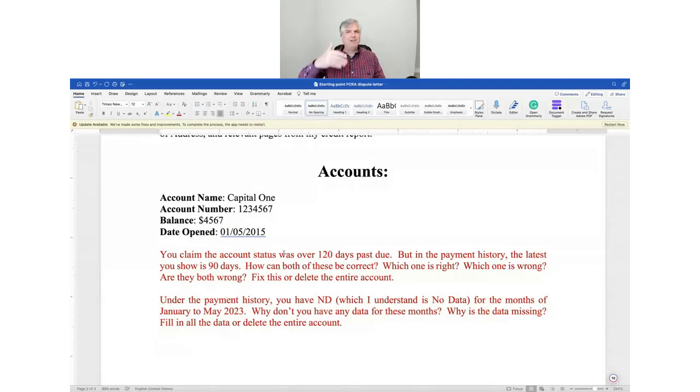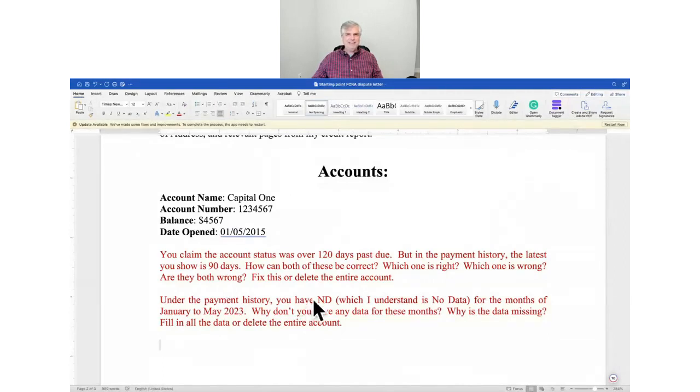But what we're doing here is going even above and beyond that to say, how can both of these be correct? How can it be over 120 days, but yet less than 120 days? Which one's right? Which one's wrong? Are they both wrong? It's kind of like we say when two people are arguing, at least one person's wrong. Could be both, right? They both could be terribly misguided here.